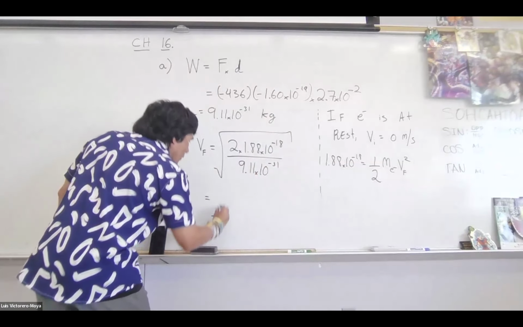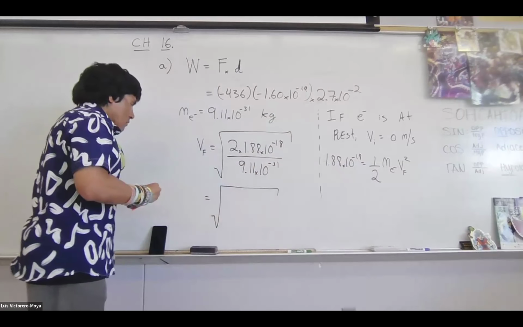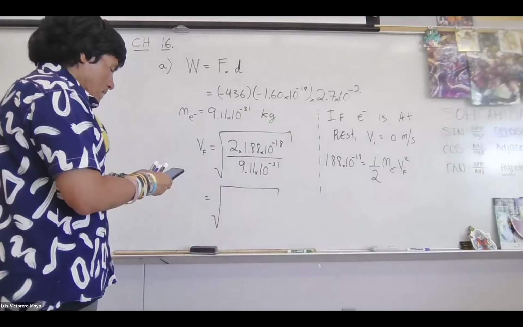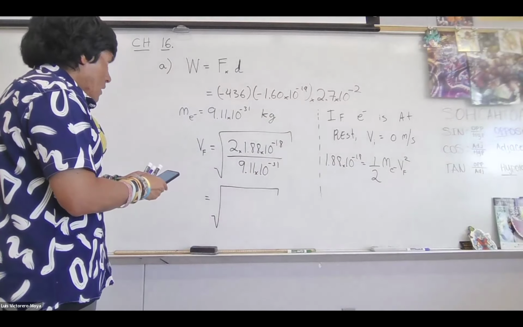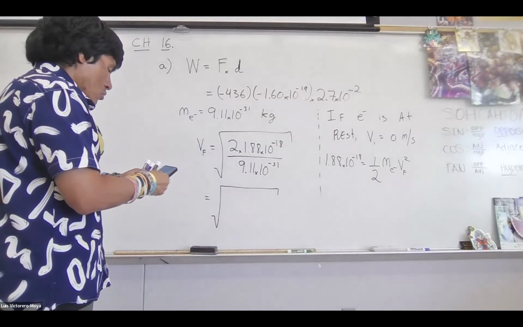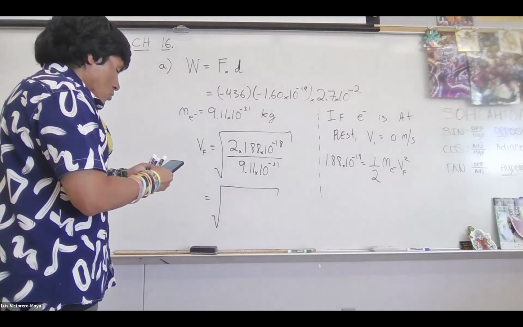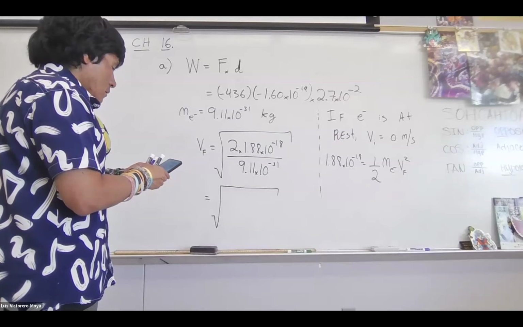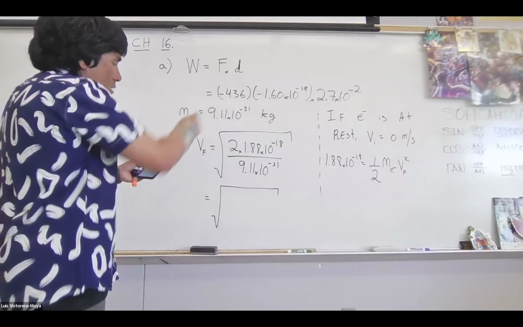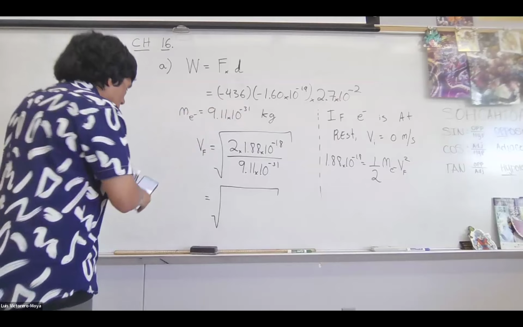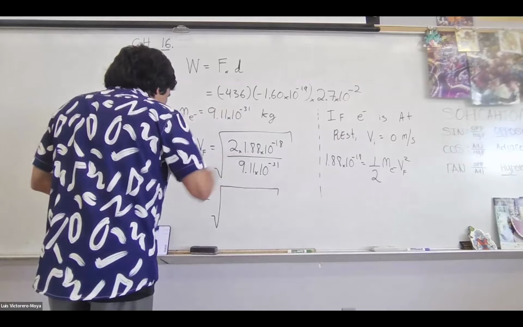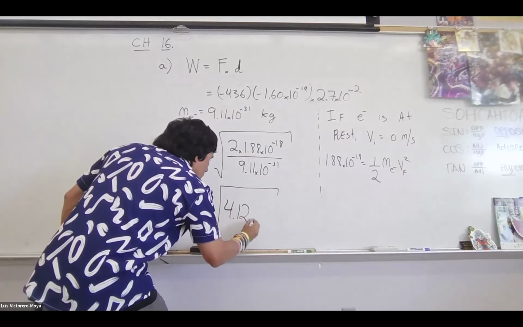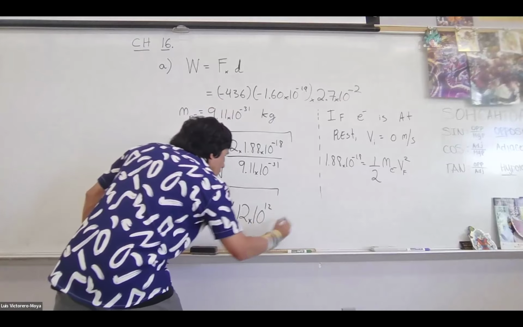Let's see what we get in the square root. 2 times 1.88 divided by 9.11, and then the exponent works out, so I get 4.12 times 10 to the 12.